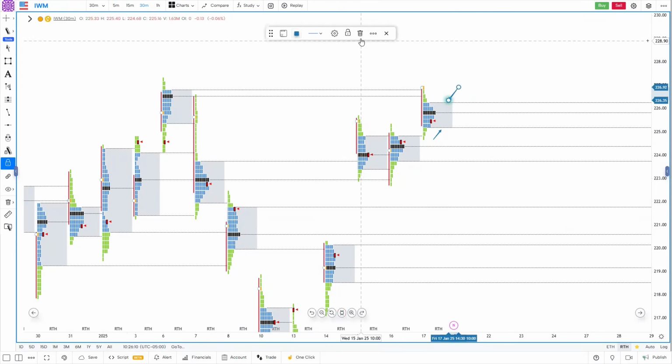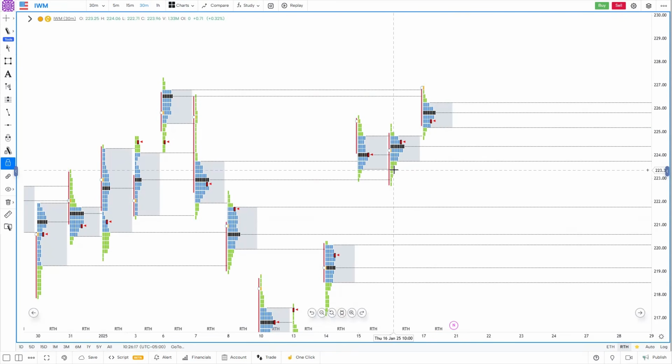So when I say we can see price and value, let's take a step back to this profile, which is January 16th. Again, we get price. This orange box here roughly opened at 224.15 and closed roughly 224.56. So technically price went up; it was a green day.